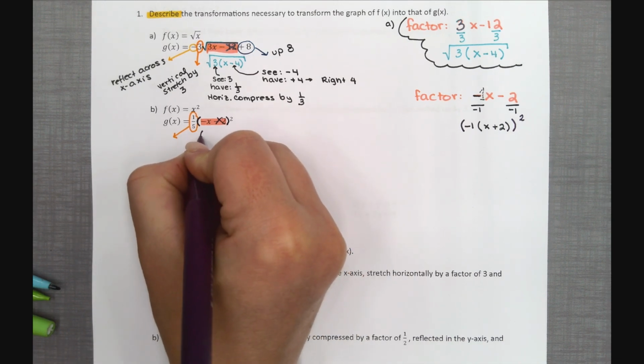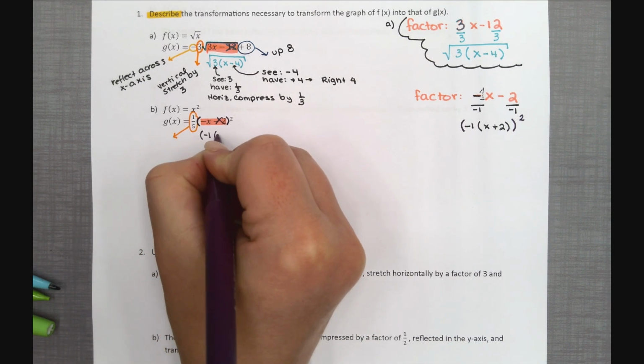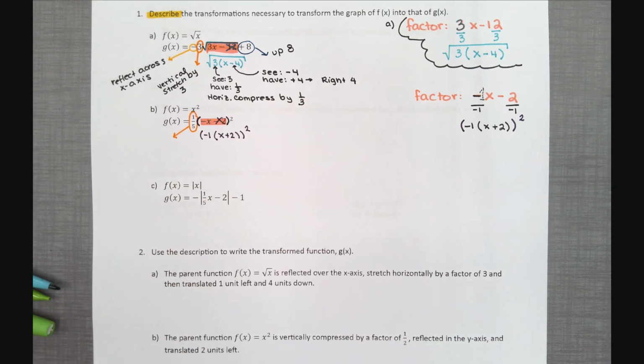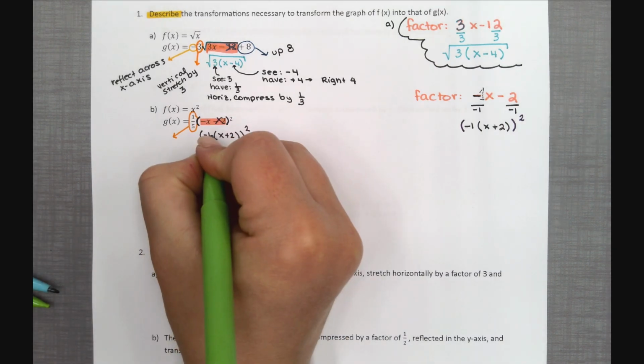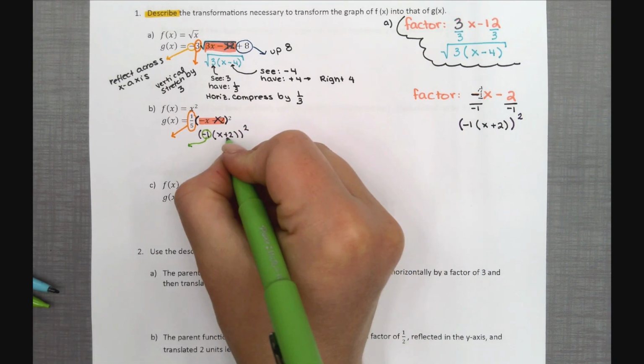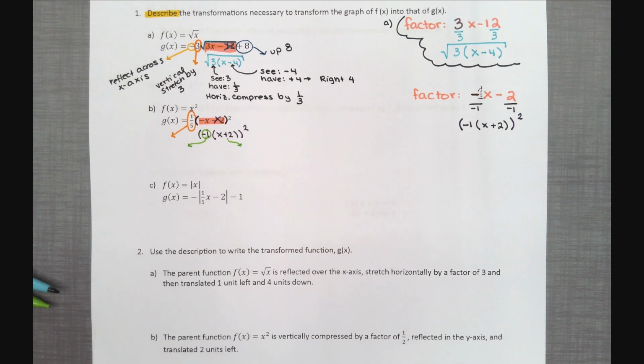Instead, I have open, negative 1, open, x plus 2, close it, square it. Which means that I need to go in, and this negative 1 needs a descriptor, and this too needs a descriptor.